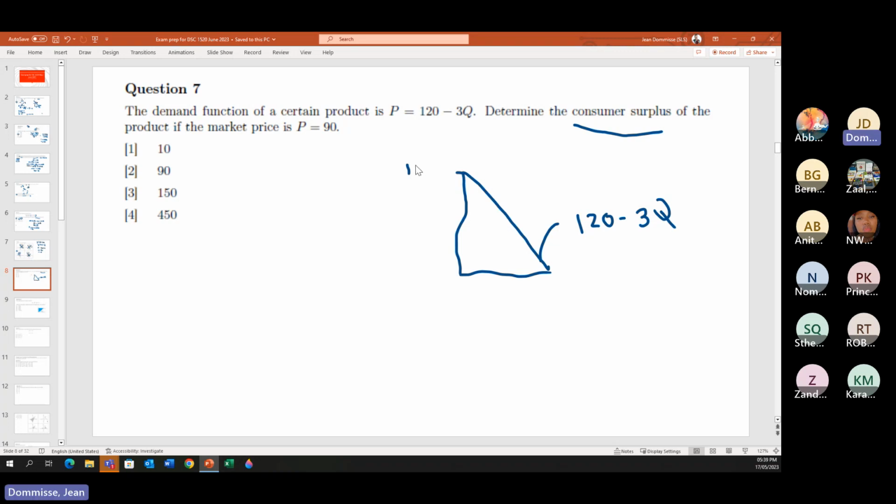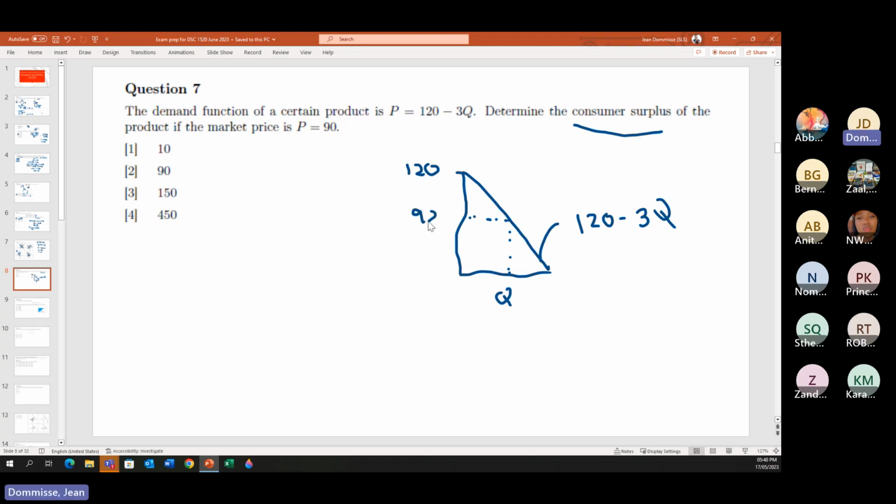So we know that the cutoff is 120. They tell us to determine the consumer surplus of a product if the price is 90.